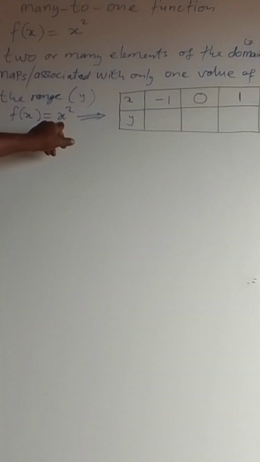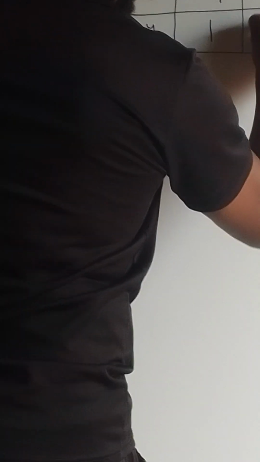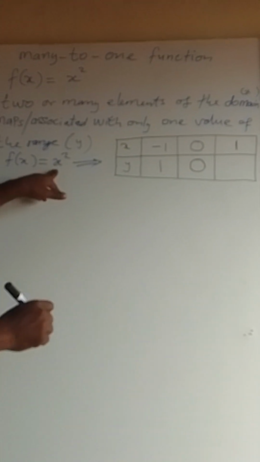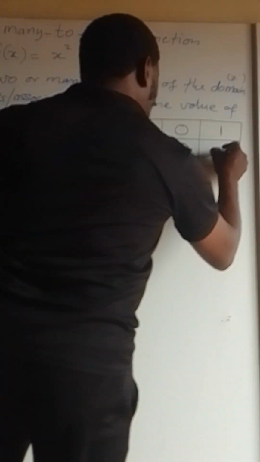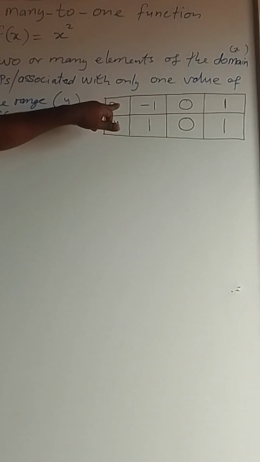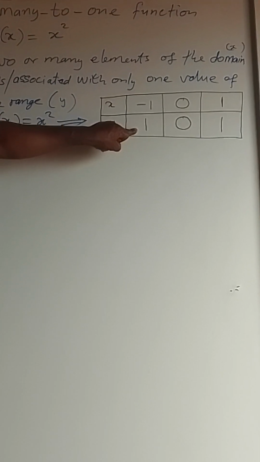Then if you take minus 1 and put it in f(x) equals x squared, you put minus 1 squared, you're going to have a 1. You put a 0 here, you're going to have a 0. Then you put a 1 here, 1 squared is 1. You see now, you've got minus 1 which maps with 1.